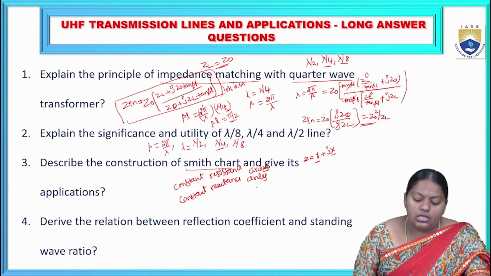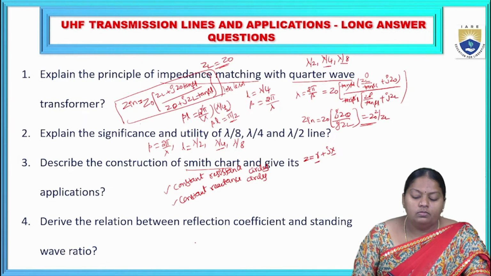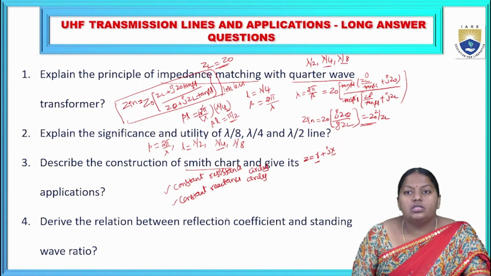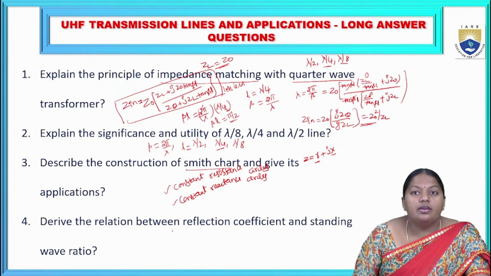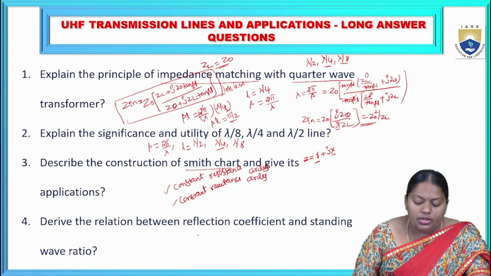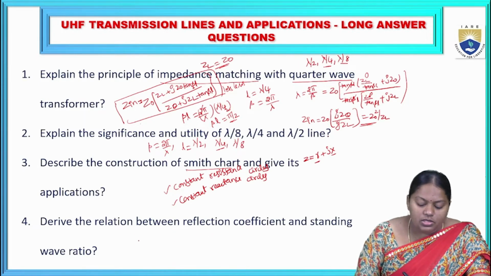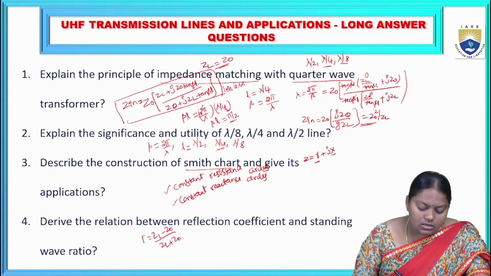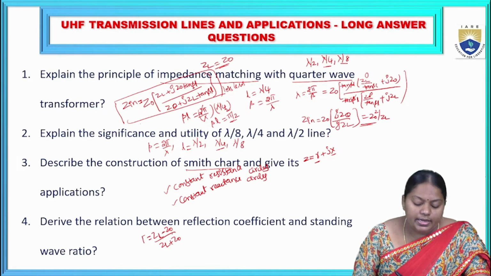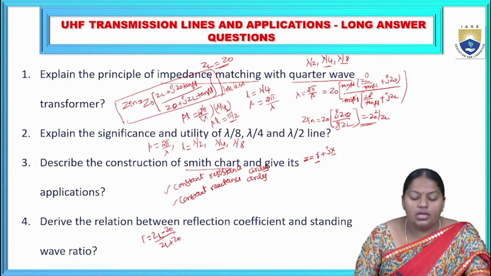In order to draw this, two main circles are required: constant resistance circles and constant reactance circles. Then, derive the relation between reflection coefficient and standing wave ratio. As we know, the reflection coefficient gamma is given by ZL minus Z0 by ZL plus Z0, where ZL is the load impedance of the line and Z0 is the characteristic impedance of the line.